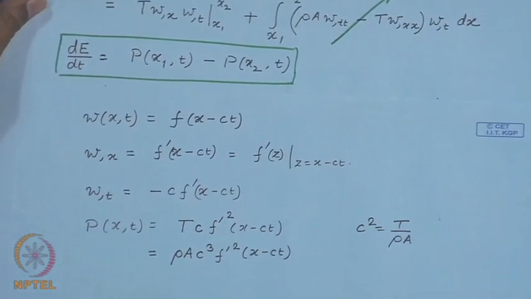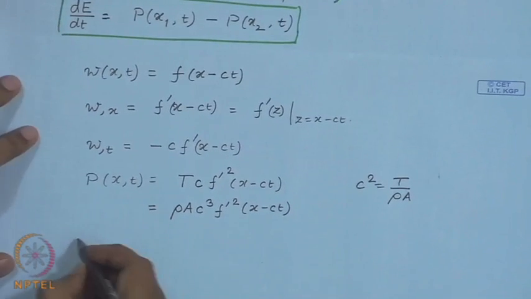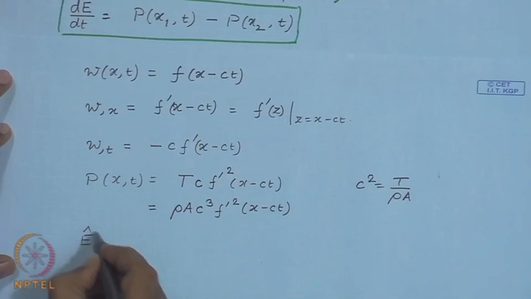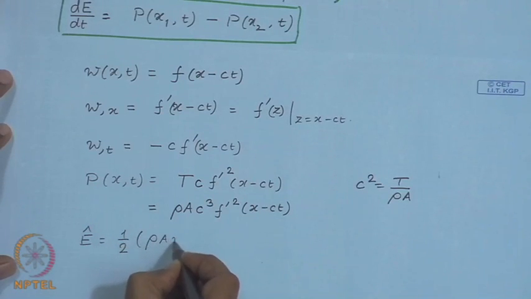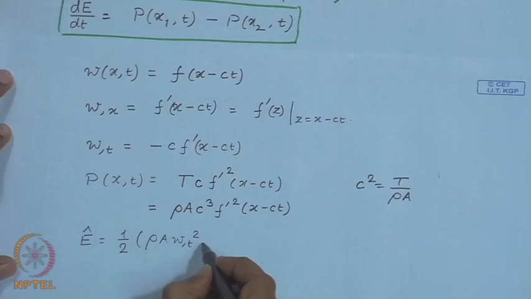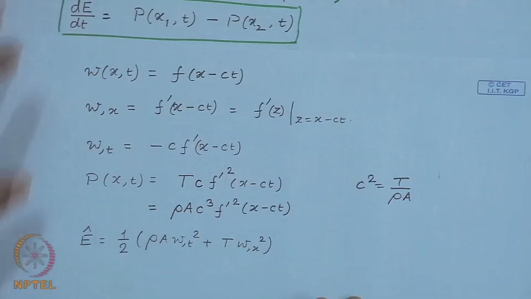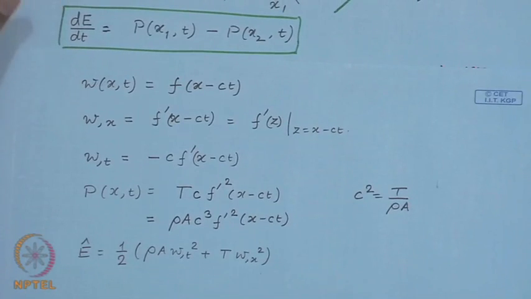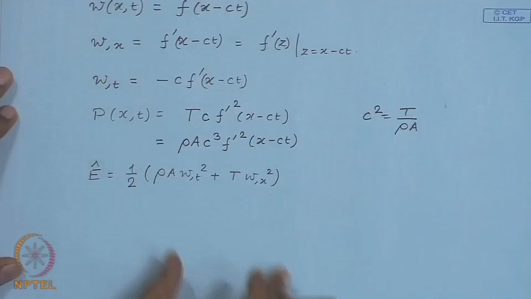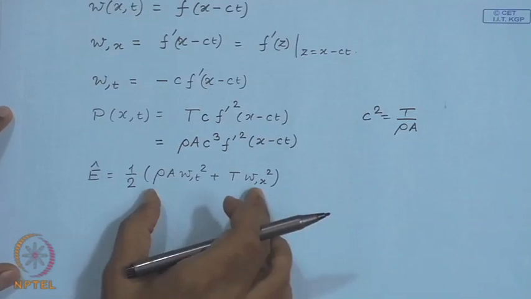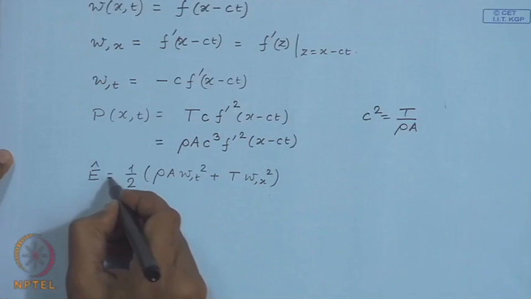Now, let us calculate the energy density of the string. So, the total energy density of the string is given by this. So, this we integrated over the segment just a moment ago.